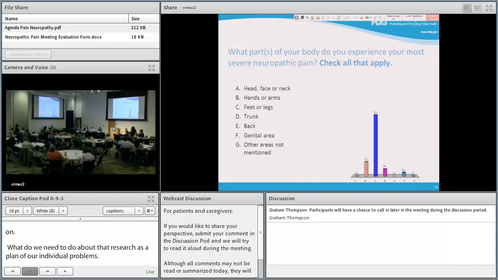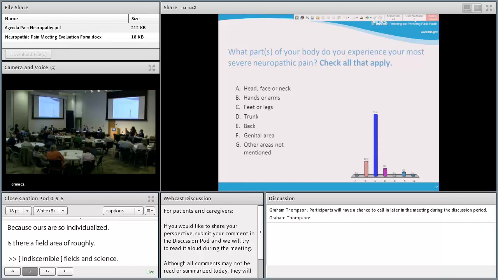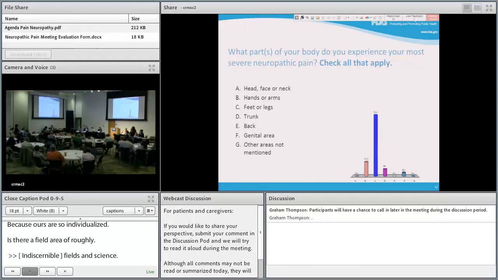Is there a field theory yet of neuropathy? Some of you know what a field theory is in science. But what are the generalized questions that we need really to know about where things are going? Now, we can tell our stories, on and on.